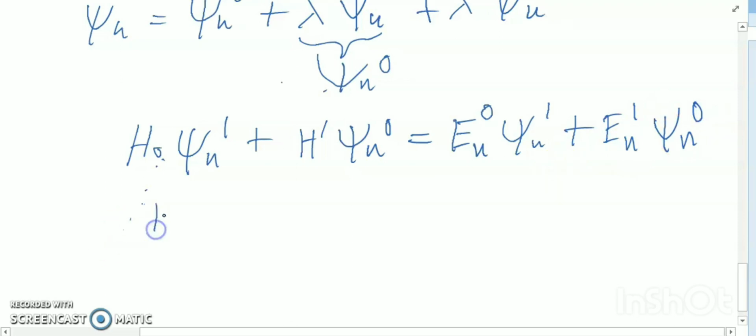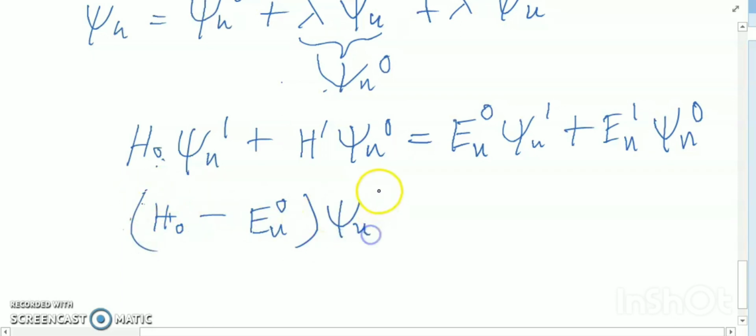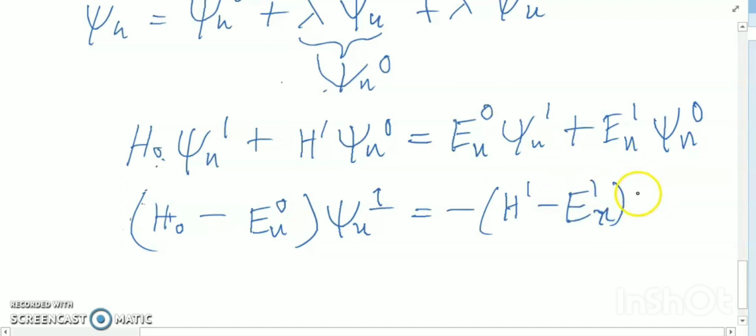So H0 minus E n0 acting on psi n1 equals minus H prime minus E n1 acting on psi n0.